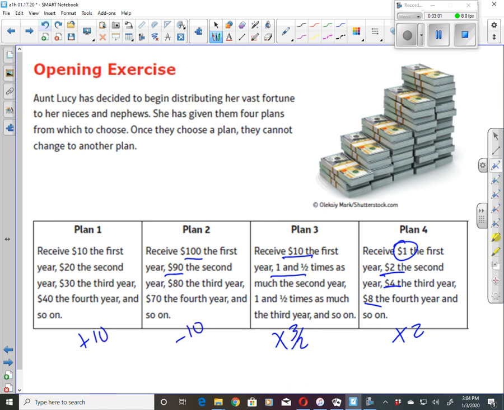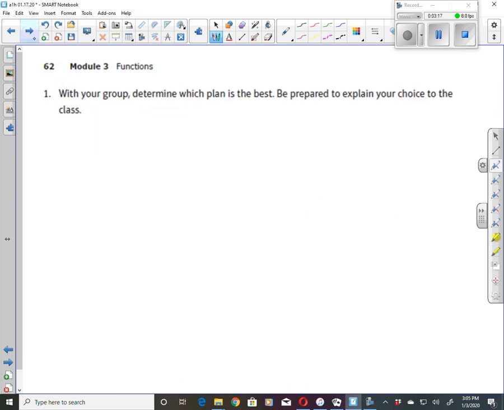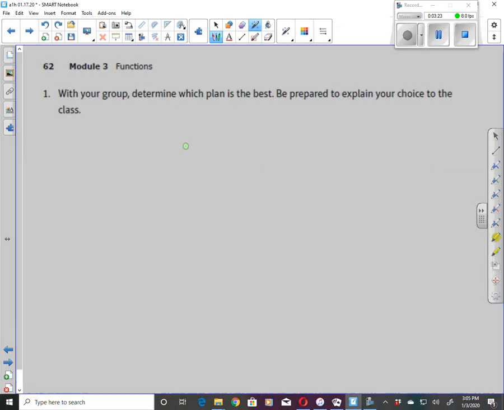Now, again, you probably need to go ahead and stop the video and analyze which one's which. And I'll let you stop the video and work for a little bit.